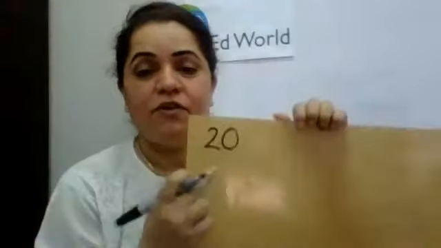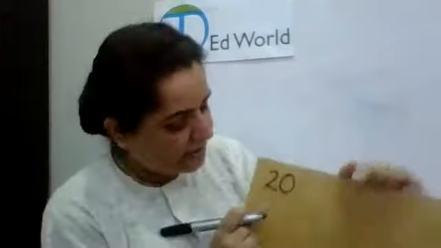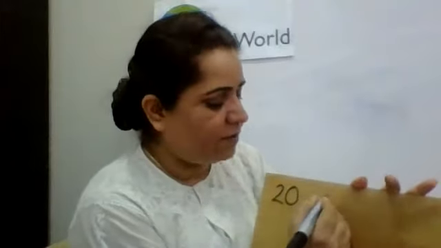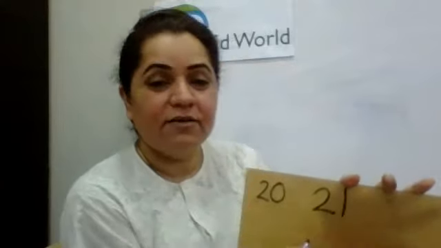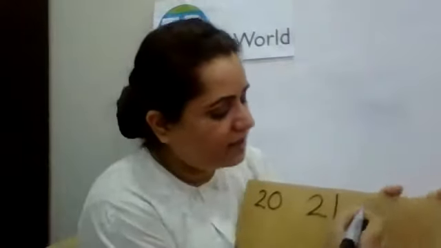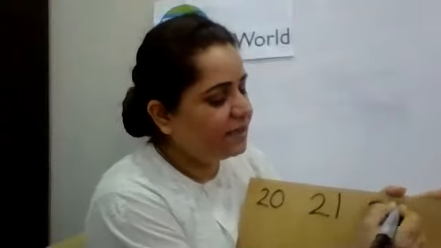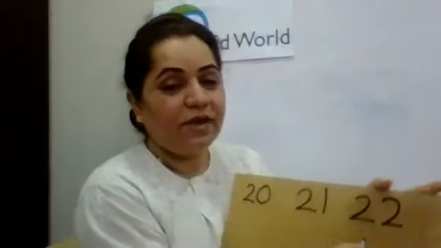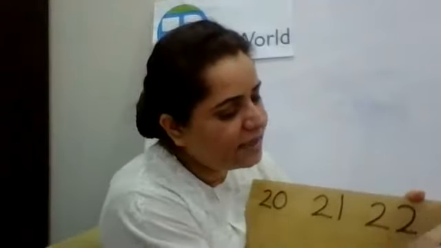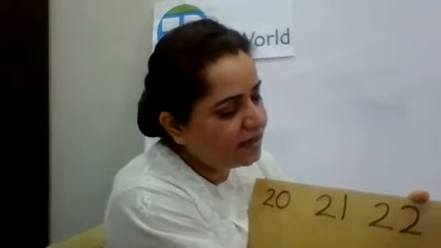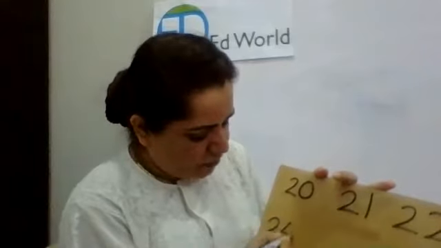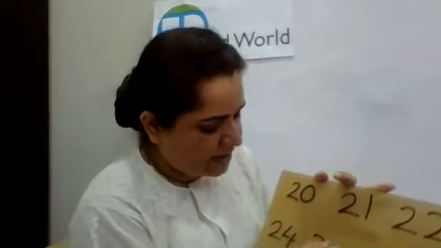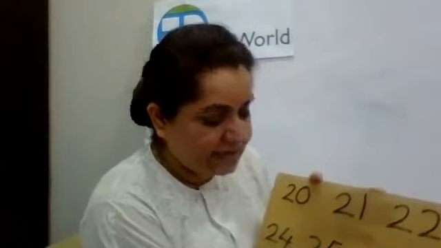We're going to start from number 20. So what comes after number 20? 21, right? And we are going to write 22, then 23, 24, 25, 26, right?